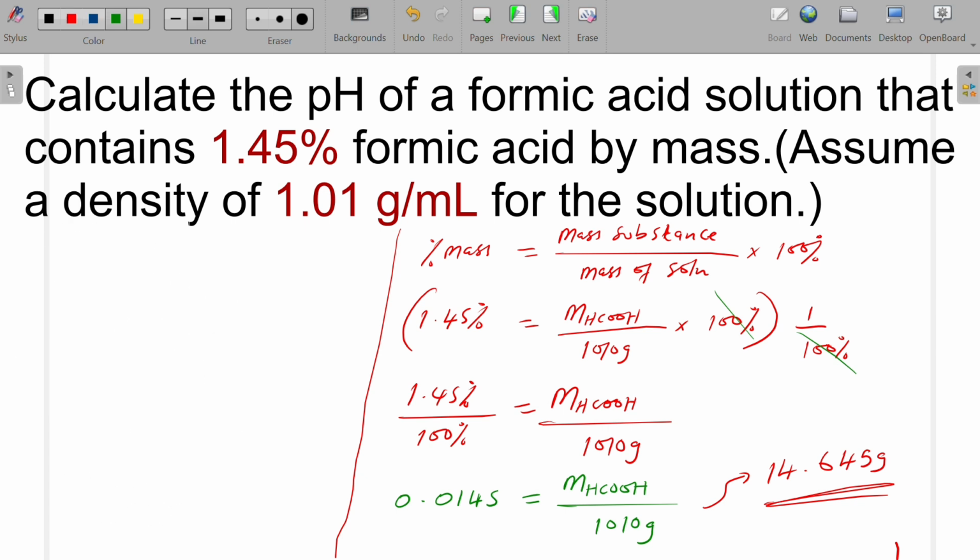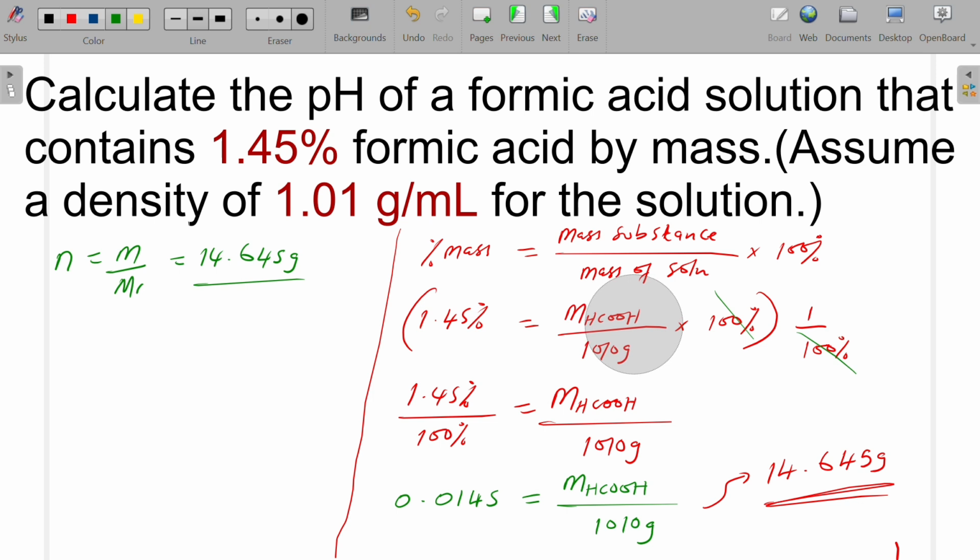The number of moles for formic acid, using our common formula, is equal to mass divided by the molar mass. The mass we have is 14.645 grams, divided by the molar mass for formic acid.